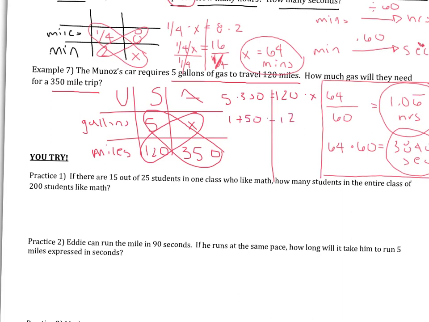That equals 120x. I'm going to divide both sides by 120. And I get that x equals 14.583 repeating. Think for a second, what do you think the units would be? The units would be gallons because our x lines up with gallons.